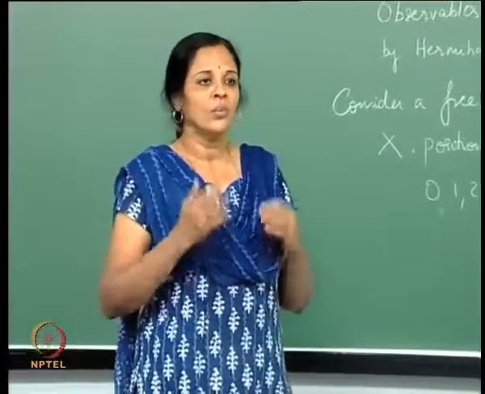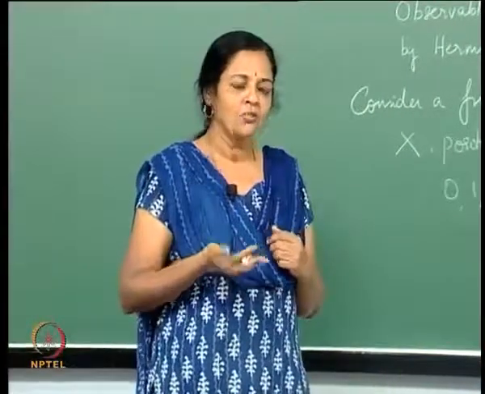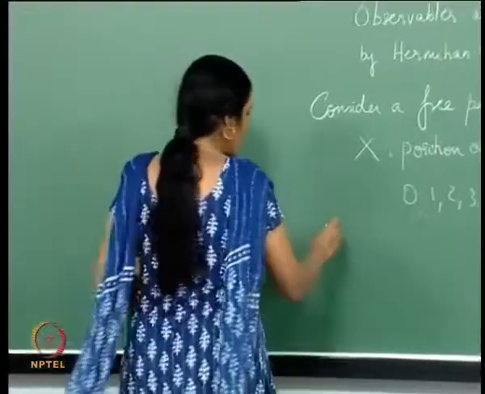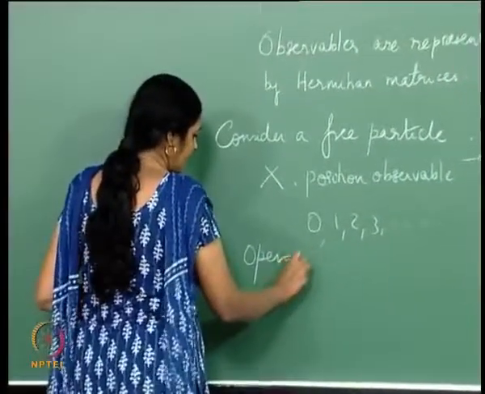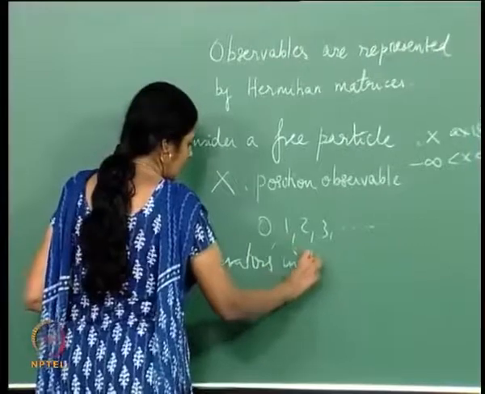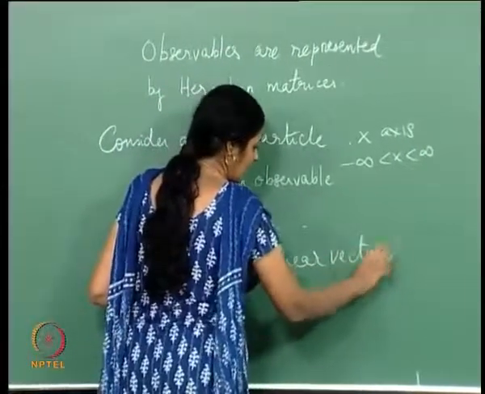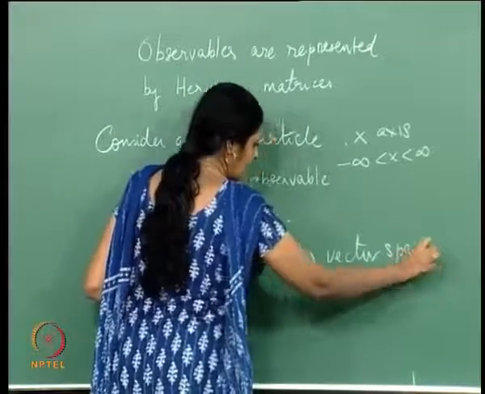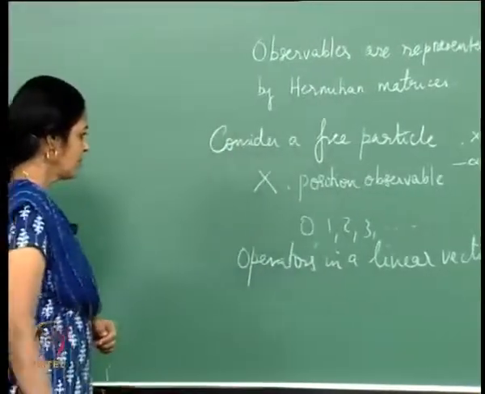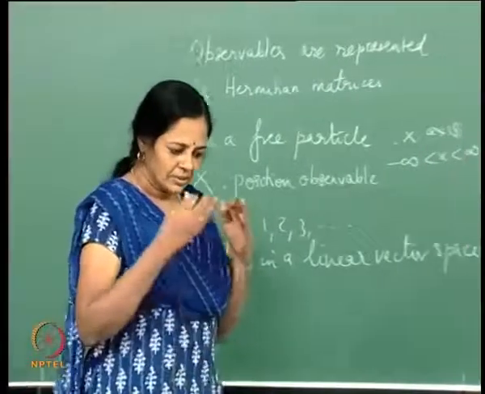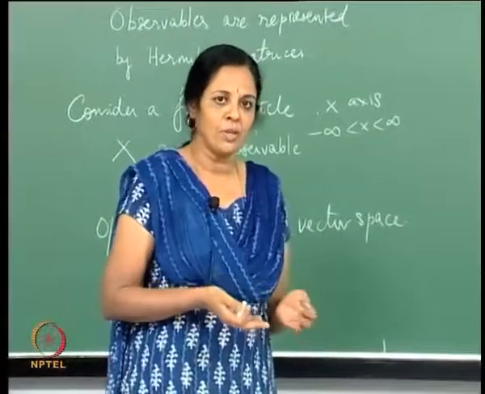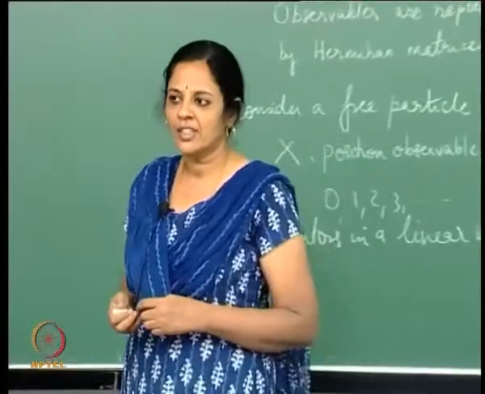In other words, we have to accept the concept of operators in linear vector spaces. The state of the system in this problem is of course an infinite column vector.